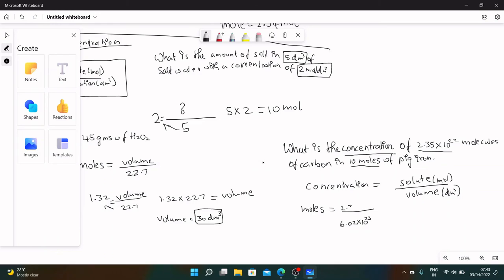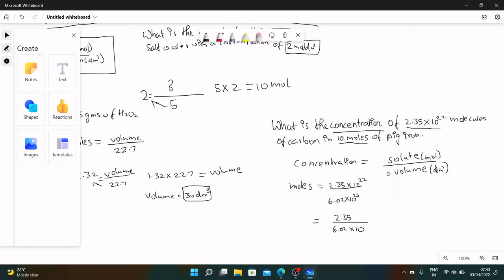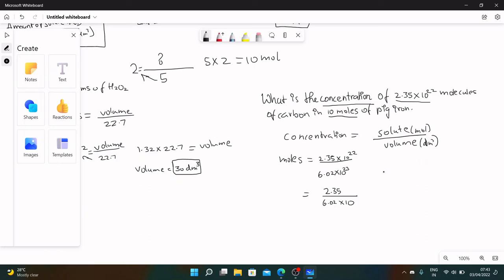So 2.35 into 10 to the power of 22 will be 2.35 by 6.02 into 10, that is 2.35 by 60.2.